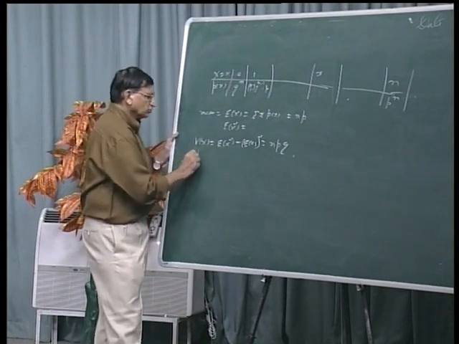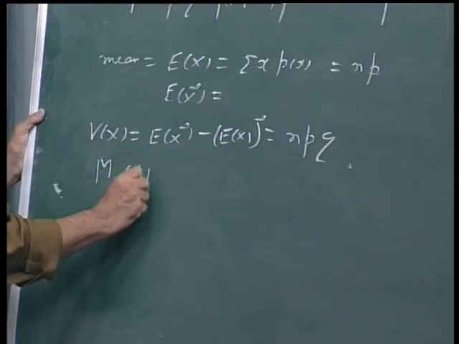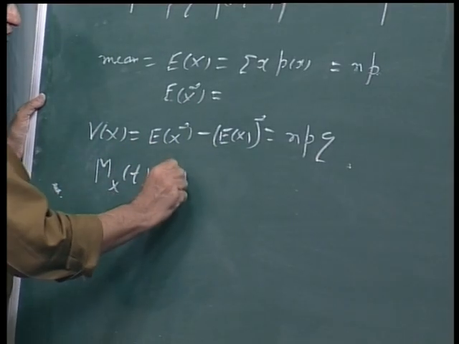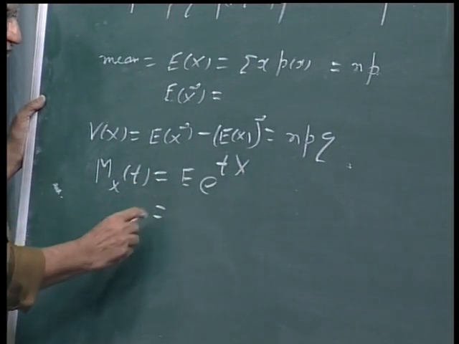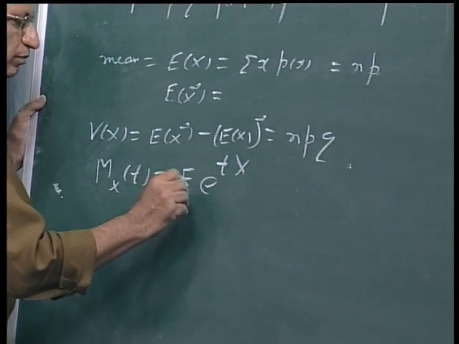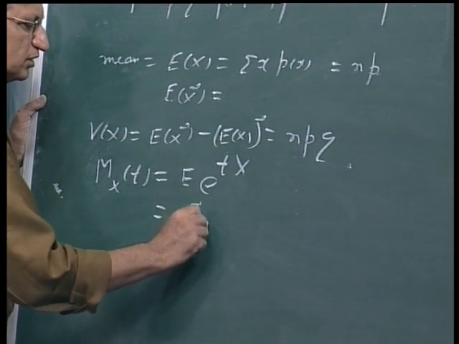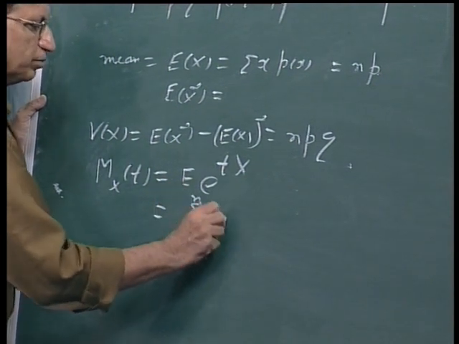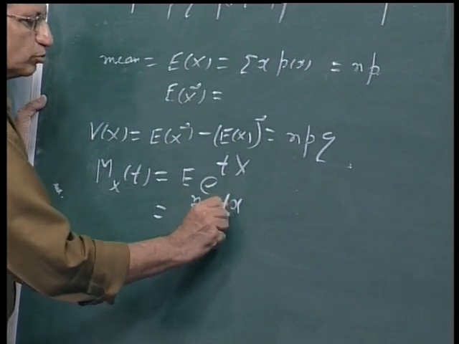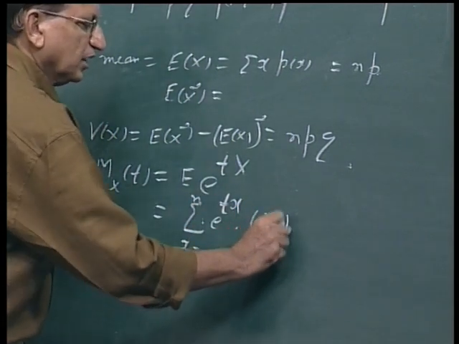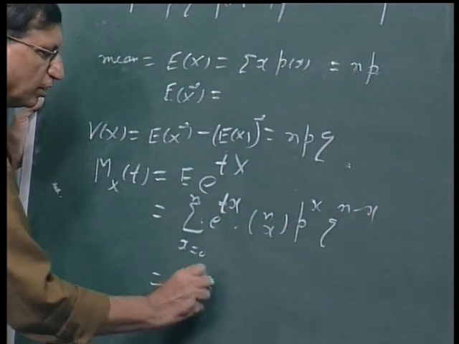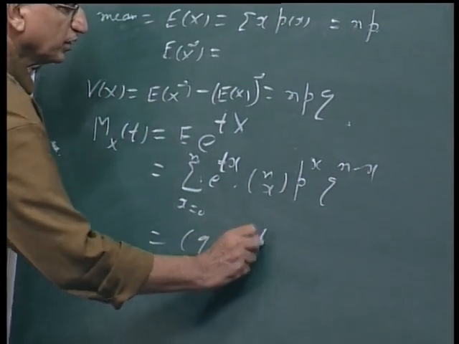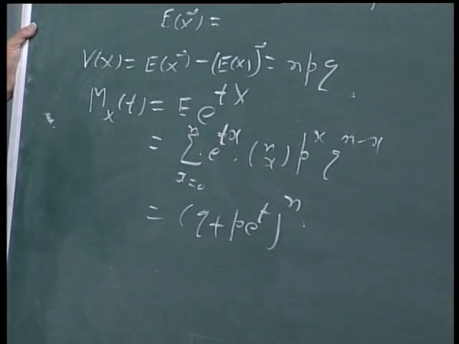Then the other concept is moment generating function. That is nothing but expected value of e raised to tx. If you find this, sigma x running from 0 to n, e raised to tx, p(x), means nCx, p raised to x, q raised to n minus x, this value is (q plus p e raised to t) raised to n.